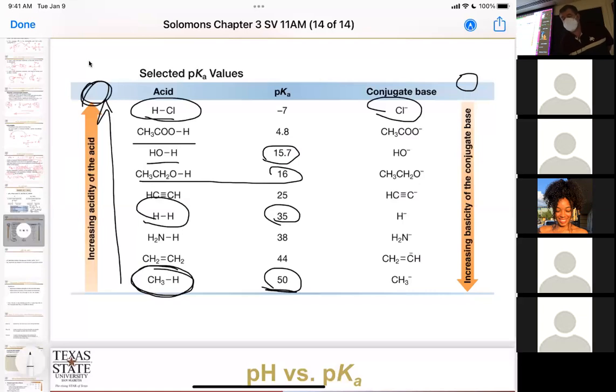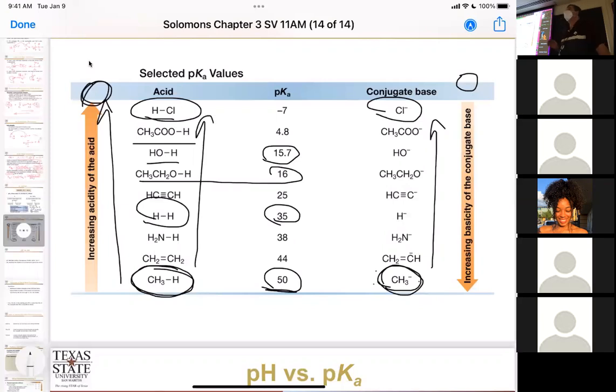So what if we took that proton off methane? It was a very weak acid. What kind of base is it? Strong. It's a very strong base. It wants to accept hydrogen so badly that it will strip them off anything below it on the list. It'll take protons off of anything below it on that list of acidity. So very strong acid makes very weak base, and very weak base makes very strong acid.